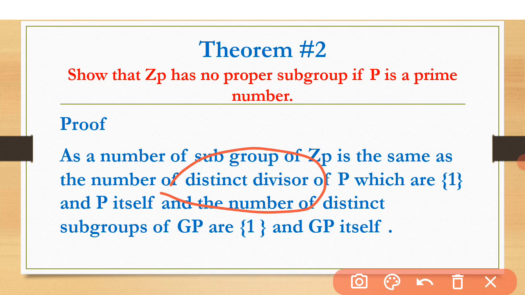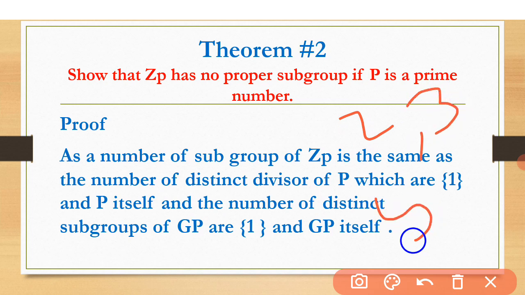Now consider prime numbers: 2, 3, 5, 7. What are prime numbers? Prime numbers are those which have no divisors other than itself and 1.